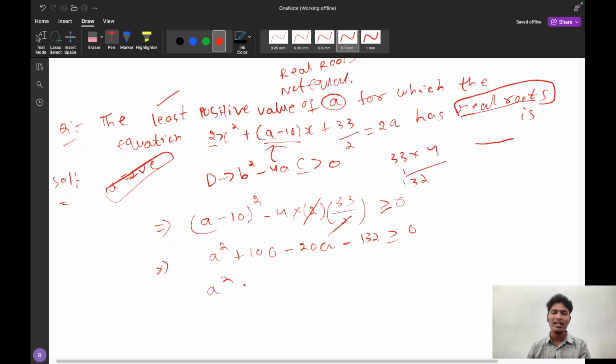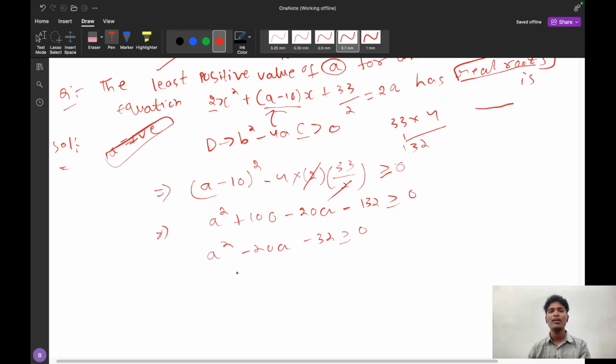Hence a square minus 20a minus 32 is greater than or equal to 0. Now here I want to calculate the value of a. That is a variable. So if I want to calculate the roots of this quadratic equation in a, I can simply use the formula minus b plus or minus root of b square minus 4ac divided by 2a.